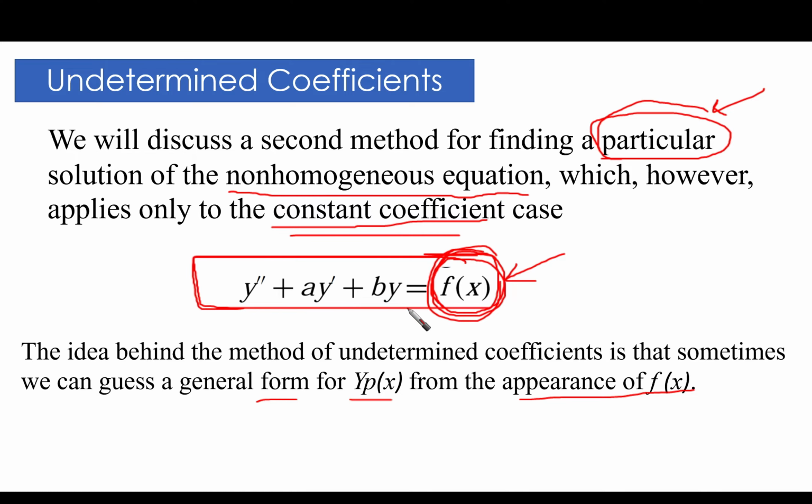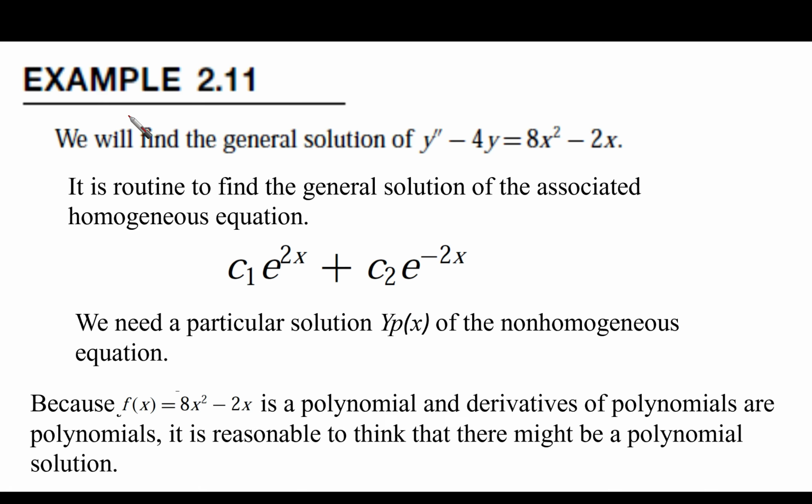So these are the two conditions: here it is constant coefficient, and for the f of x we are going to tell how we can obtain yp from the appearance of f of x. Let's go and understand what we are going to do through an example directly.